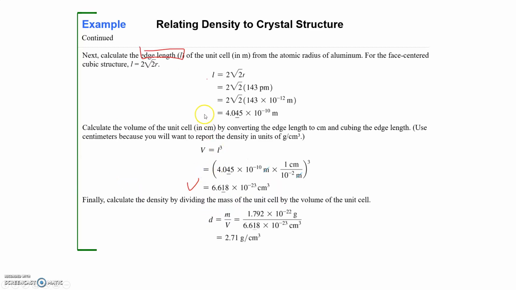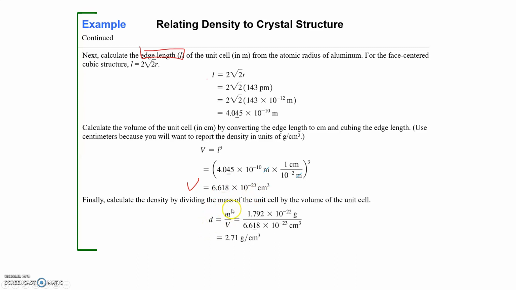On the other hand, you have to calculate the volume. If you know the formula to calculate the side, and you know that the radius of the atom is 143 picometers, you convert this into meters, calculate the volume by raising it to the cube, and after that convert into cubic centimeters. You calculate the volume of the cell that is here.